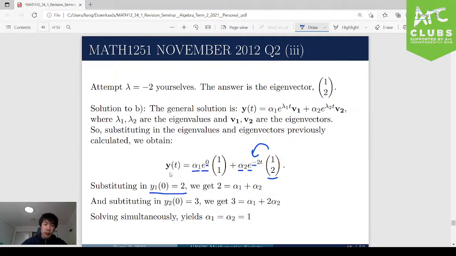That's because y1 of 0 equals 2 is the same as saying alpha 1 times e to the power of 0 times 1, so just alpha 1, plus alpha 2 times e to the power of negative 2 times 0, so again times 1, giving you 2, because y1 refers to the first entry.